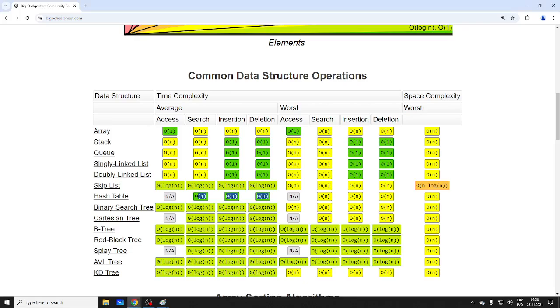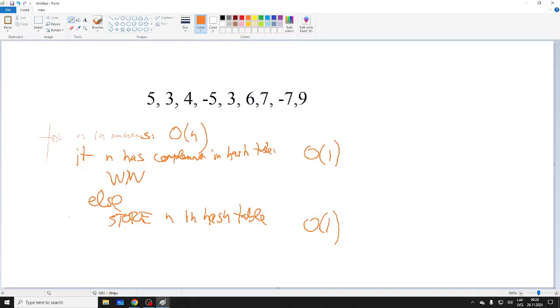O(n), of course. So it's not completely free: time is O(n), and also space is O(n).